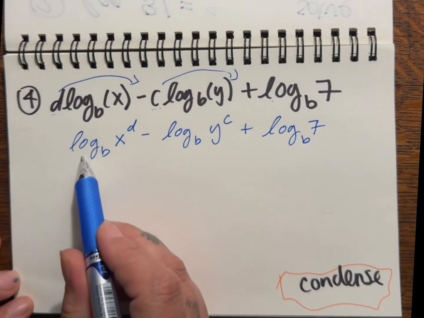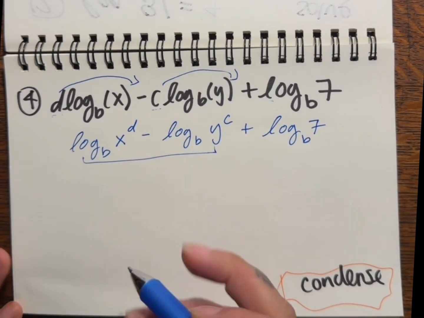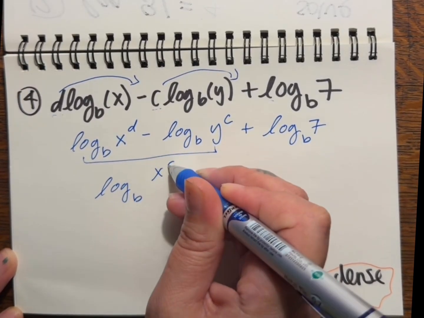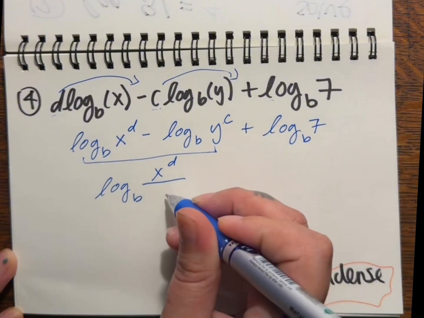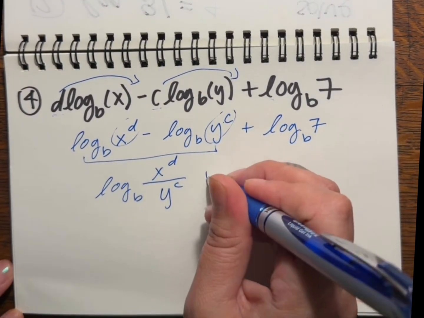And now I notice these are subtracting, and going backwards, that would go into division. So log b of x to the power of d over y to the power of c, right? These values divided. Then I bring this down.